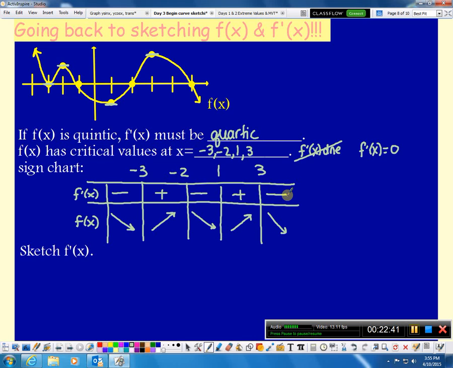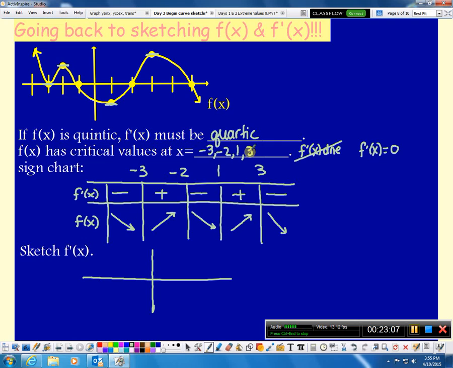let's see here. I know that -3, -2, +1 and 3, I know that their f prime values are 0. So -3 is an x-intercept on the f prime graph. So is -2, so is 1, so is 3.